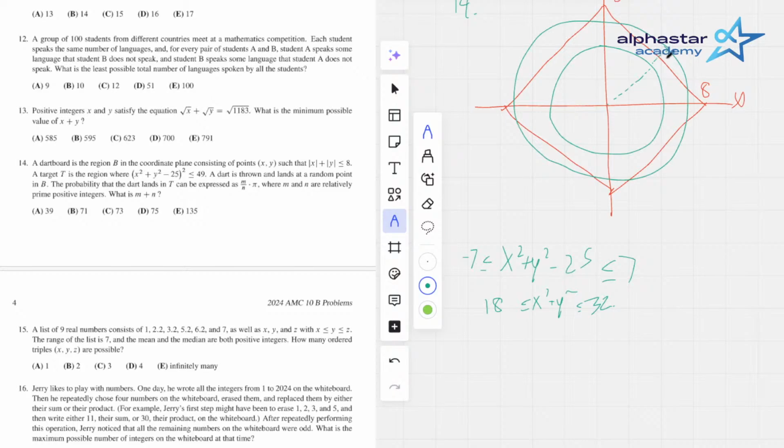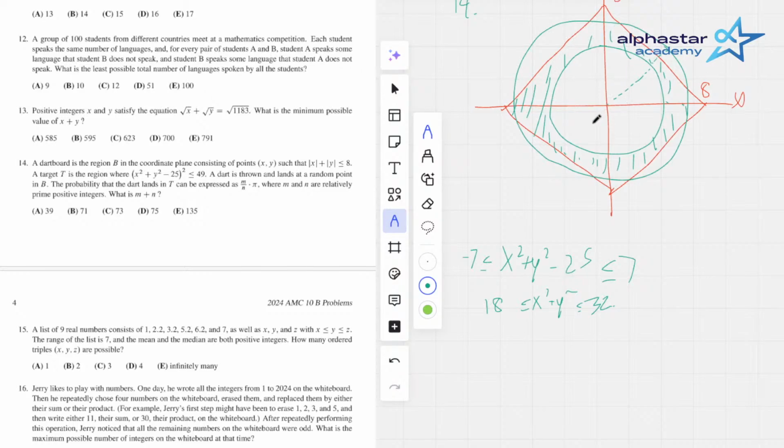And then, of course, the altitude to the side of the big square dartboard would be 4 root 2. Suppose it lands in P. What's the probability that it lands in T also? It's just the area here that I'm shading. Which seems like a weird region, but I think it's not too hard to actually calculate.